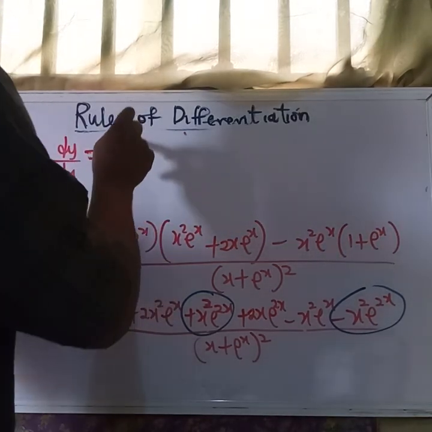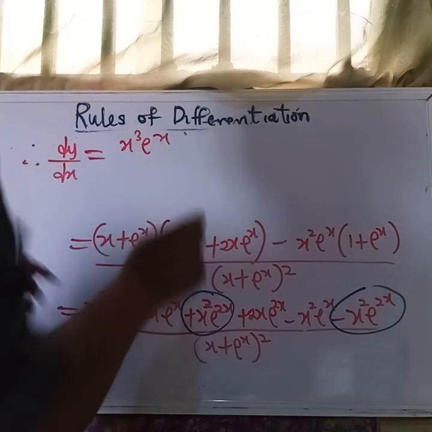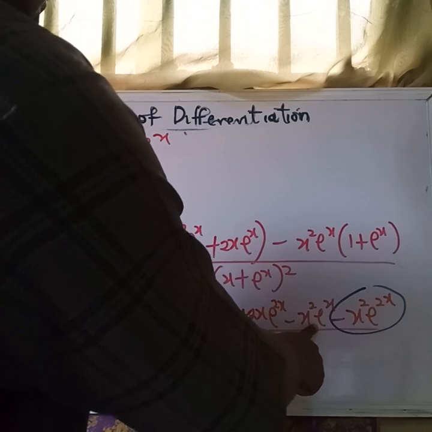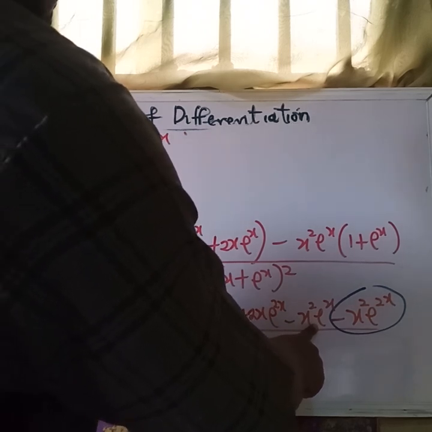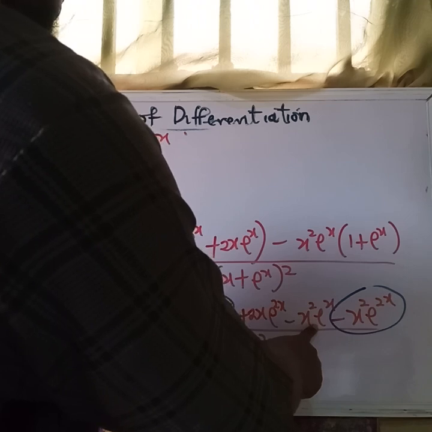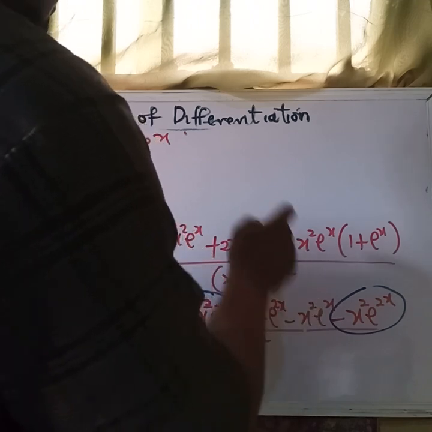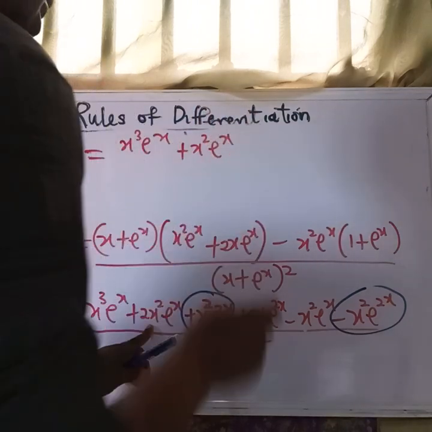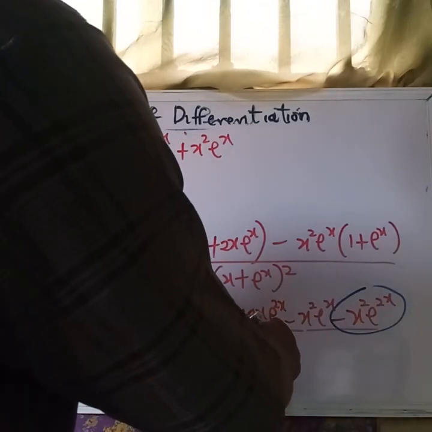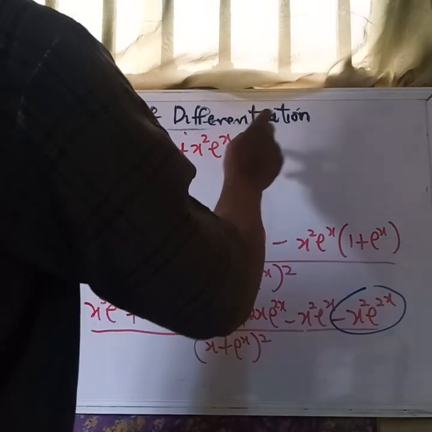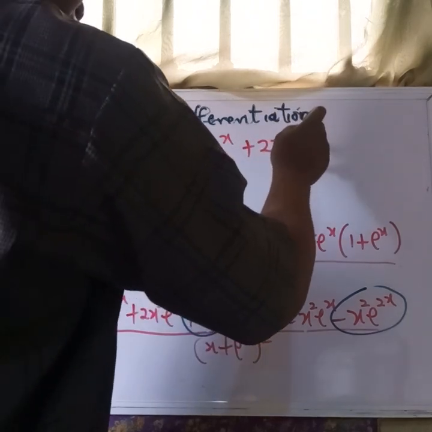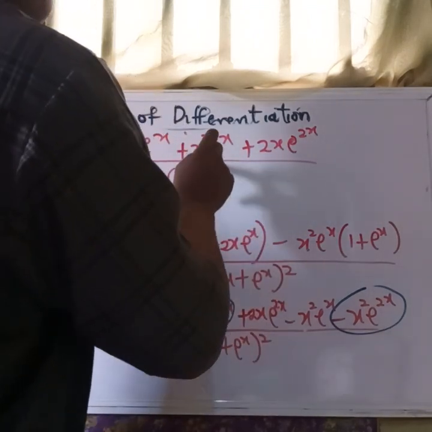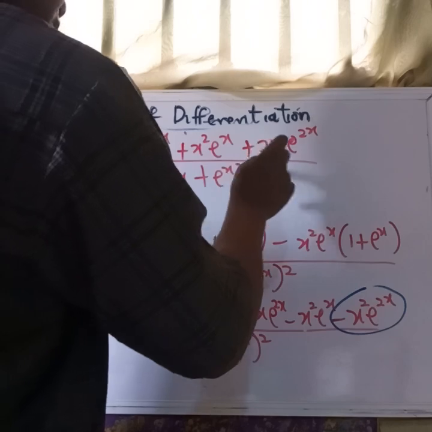So this is x cubed exponential x, and x squared, so one time will be reduced here, because this and these are the same. So this will be plus x squared exponential x. Then we are left with plus 2x exponential 2x. So everything over x plus exponential x all squared.